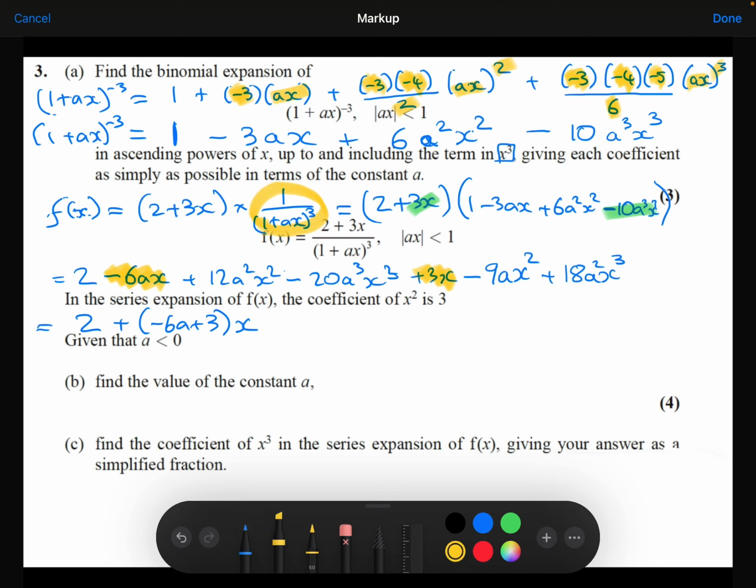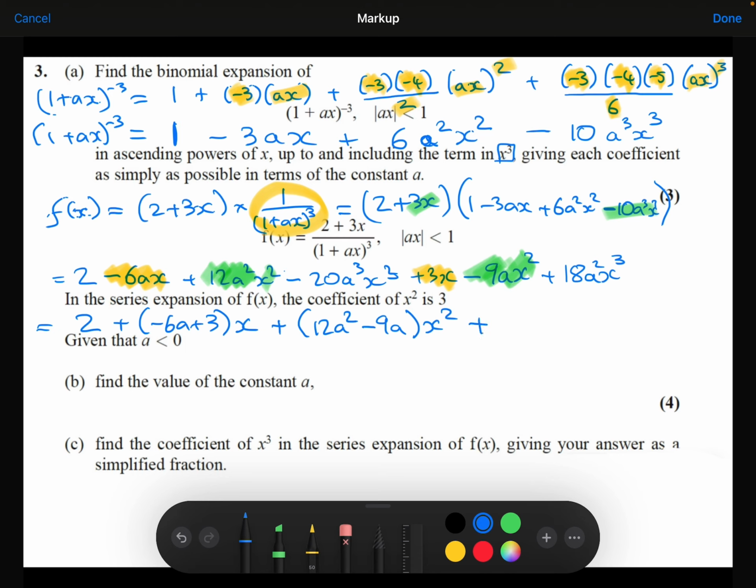Now looking at the x squared terms, we've got a 12a squared x squared, and we've got a minus 9ax squared. So I could write that as 12a squared minus 9a, times x squared.